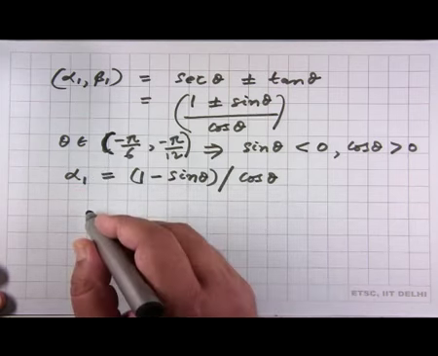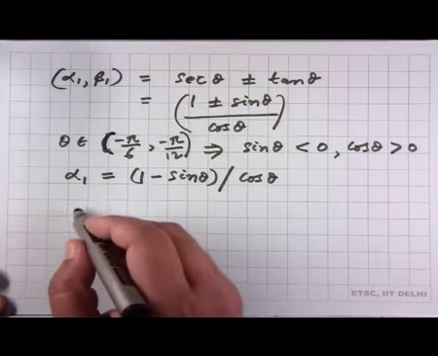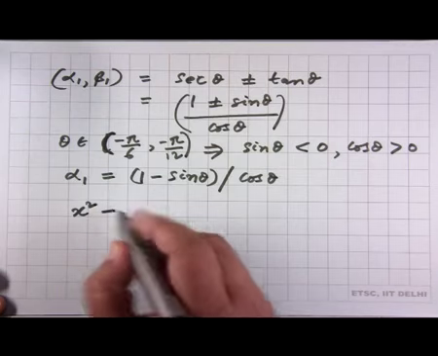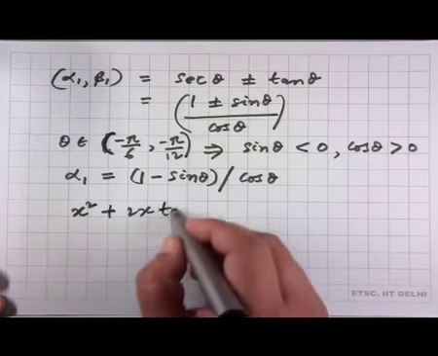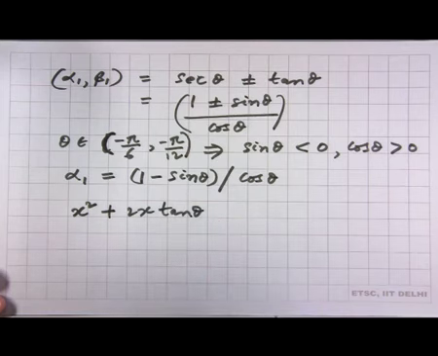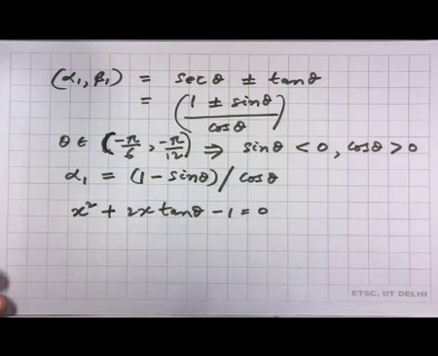And then we take the second equation. So, the second equation was x square plus 2x tan theta minus 1 equals 0.